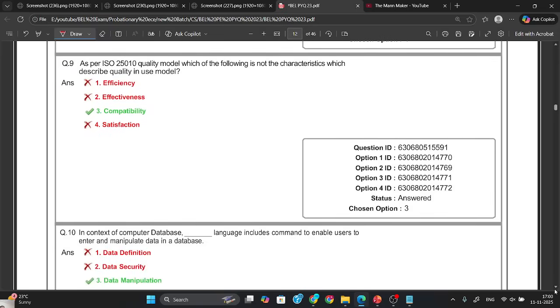As per the ISO 25010 quality model, which of the following is not a characteristic which describes the quality in use model?